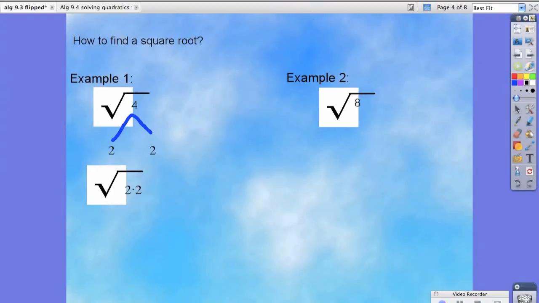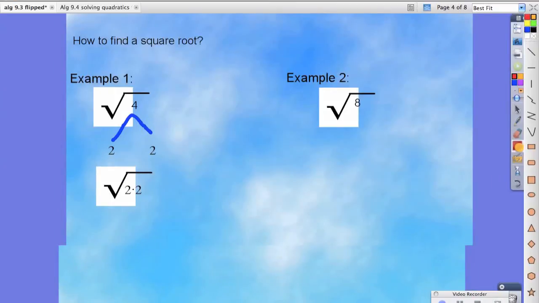Now, when we take a square root, what we're really looking for is a pair of items that we can pull out. So in here we have the square root of 2 times 2. The way I look at it is, if we're trying to take out a square root, we're looking for pairs of items.